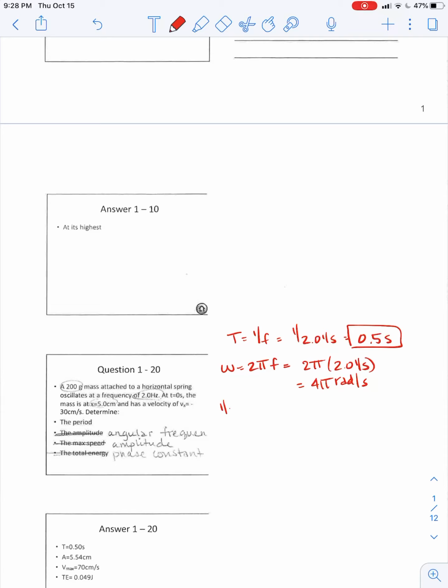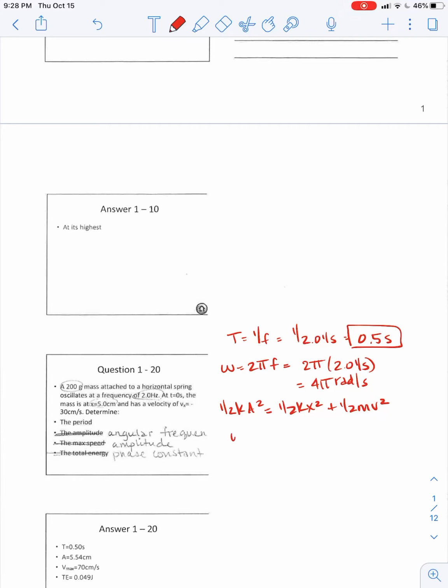So if we use this total energy equation, remember we did this one in chapter 15. It was one of those examples. Might have been one you had on the homework that ended up being kind of an impossible answer, if I recall.